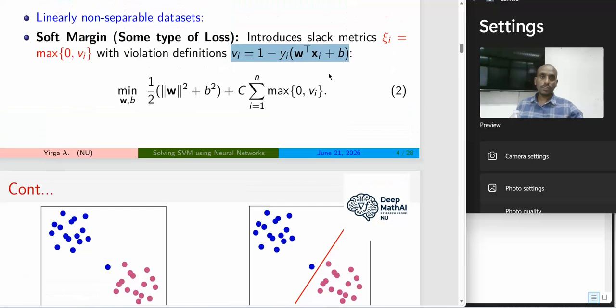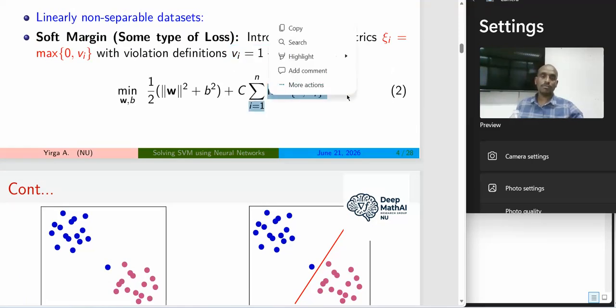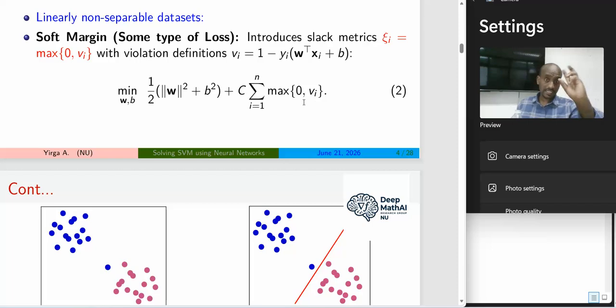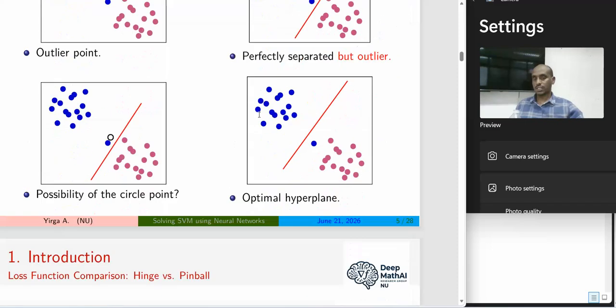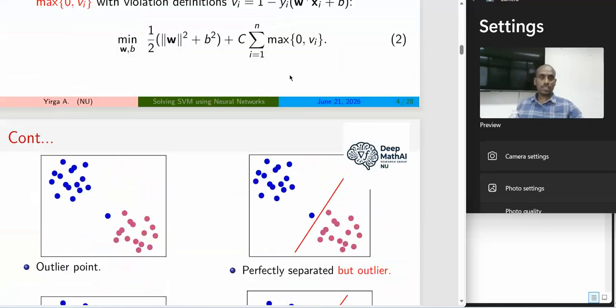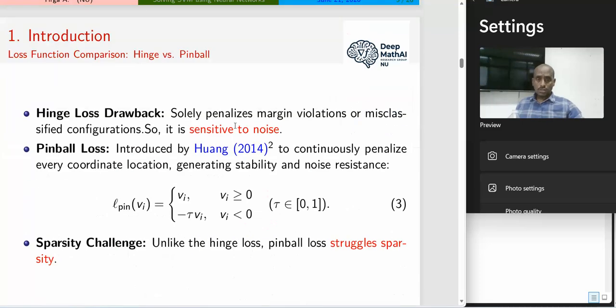That's why we employ this maximum of 0 and Vi as an error, the hinge loss function. We represent the errors by loss functions, but specifically this is the hinge loss function.